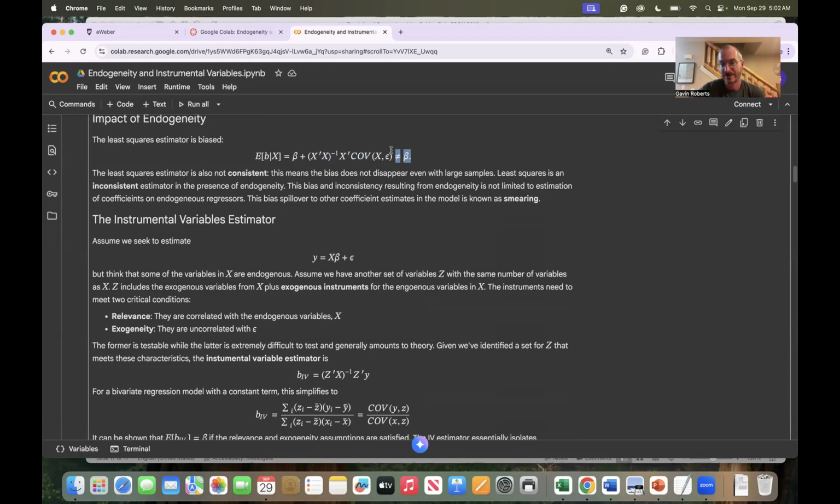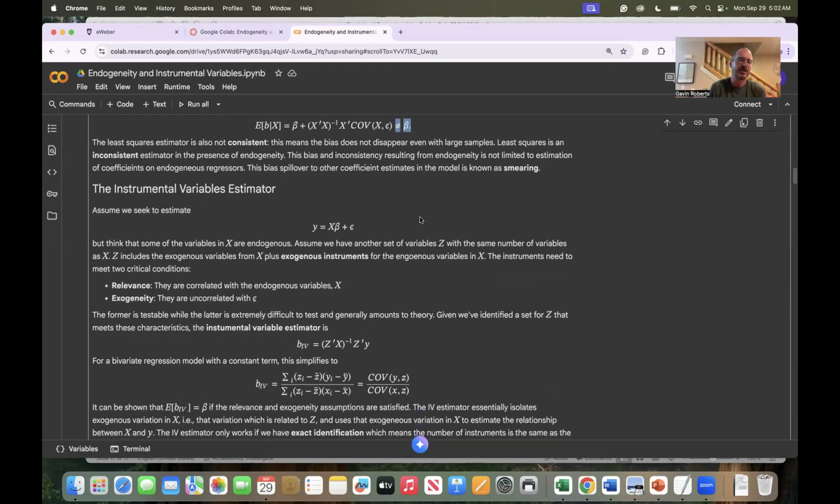And that's just the mathematical expression of what's happening, which you've seen before. Before, this goes to 0 by assumption, the no endogeneity assumption, basically that covariance X epsilon equals 0. But now we're violating that assumption. So the least squares estimator is also not consistent. This means that even in the limit, if we collect more and more data, that does not fix this issue.